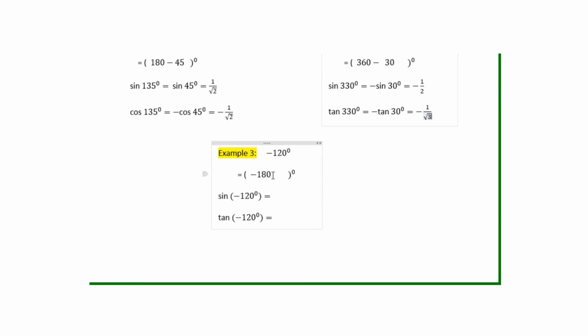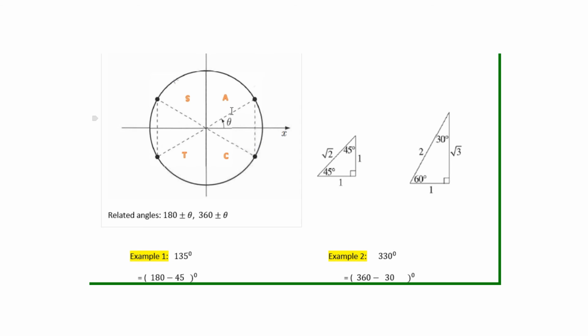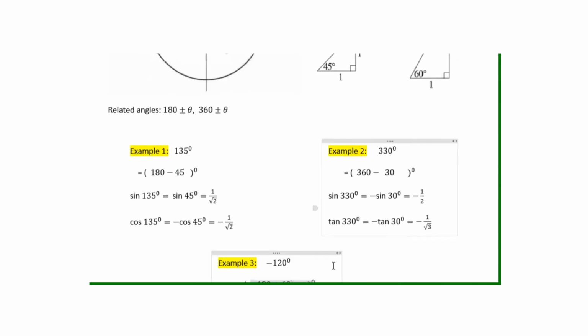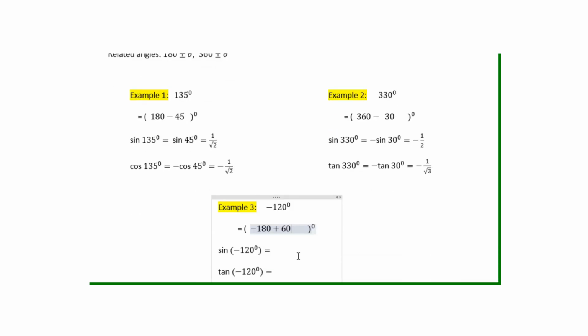So to have negative 120, we can use maths, negative 180 plus 60, or you can use the unit circle. So negative 120 going clockwise is going to be in this quadrant, and in this quadrant it's going to be plus theta. So if we go the negative way, it's going to be negative 180 and then plus theta, and you know that theta is now 60.